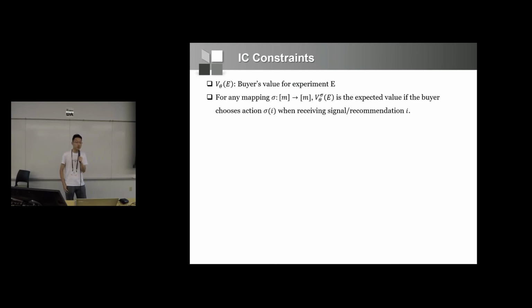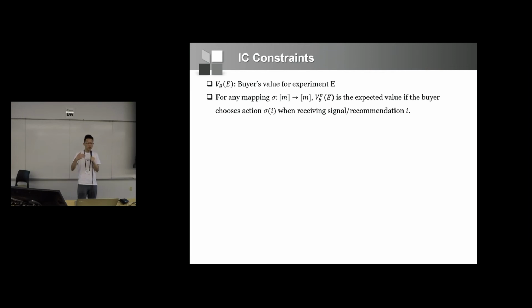This V function, recall, is just the buyer's value for the experiments. And for any fixed mapping from the signal set to the action set, we use this V sigma function as the expected value if the buyer chooses action sigma i when receiving a signal or recommendation i.